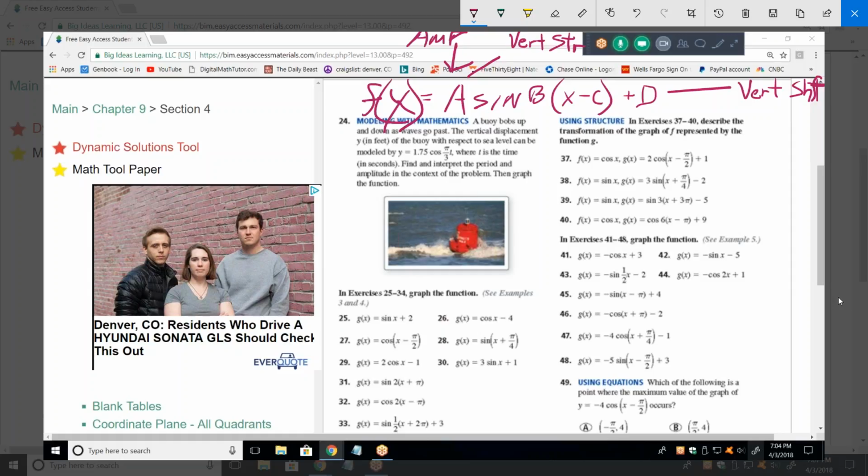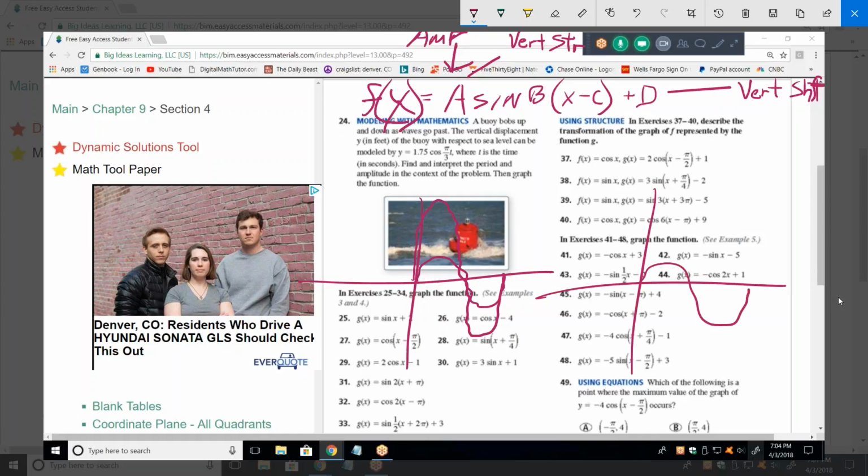Whereas A, the amplitude does change the shape of the graph. If I take a cosine or a sine graph like that, and I add a big amplitude, it does that, changing the shape of the graph. Whereas with a vertical shift, if I start with my sine wave and I decide to move it up 5 units, it looks exactly the same. Doesn't change shape at all.